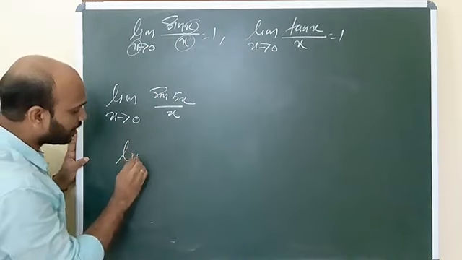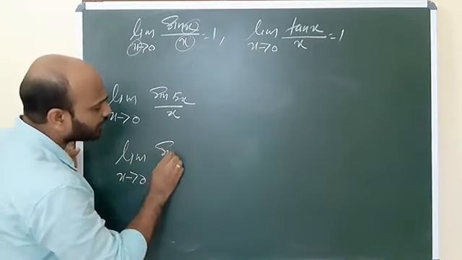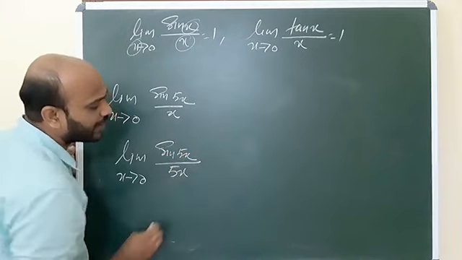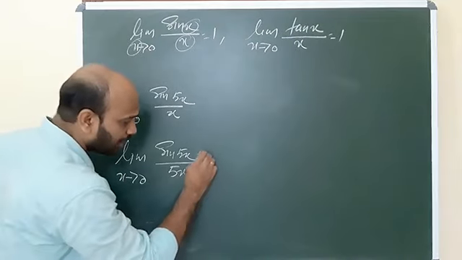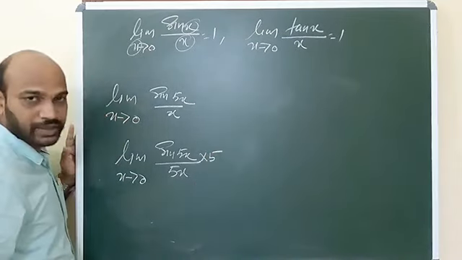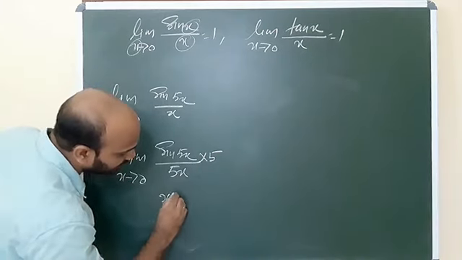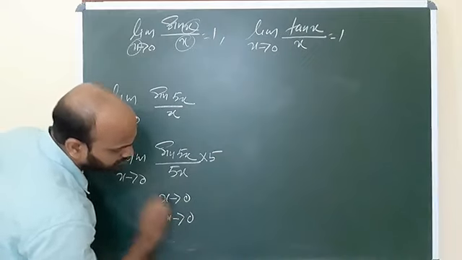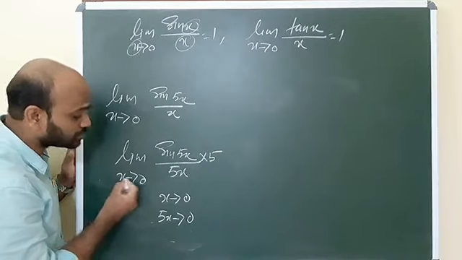So limit x tends to 0 sin 5x by 5x. Actually, I am dividing the function by 5, so I have to multiply by 5. Okay. Now, as we know, as x tends to 0, what about 5x? 5x also tends to 0. It is very clear. Therefore, you need not write 5x tends to 0 here.